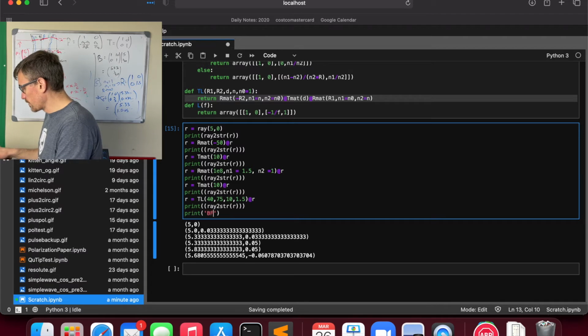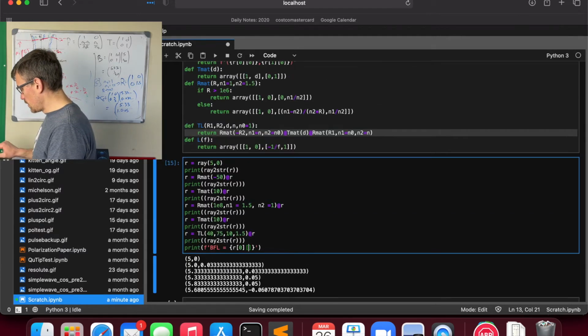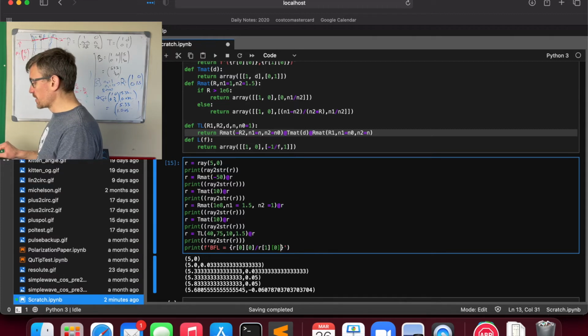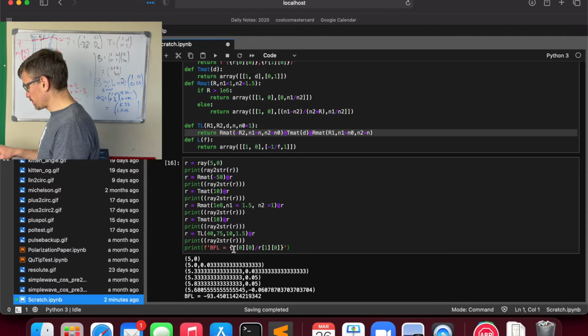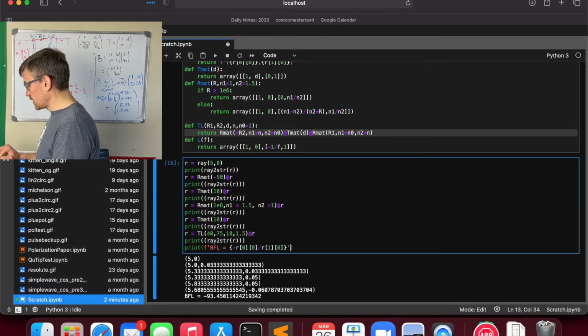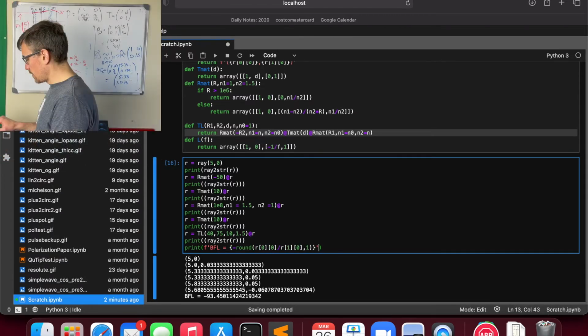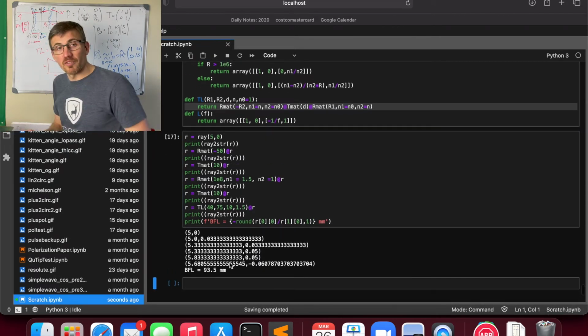Back focal length, we'll call it. R00 plus R1, and annoyingly that returns an array, so this is one way to dereference it. Oh, and it's negative as well. And let's just put some units on this. We'll make it look pretty. So we'll round this to 1 unit. We'll call it millimeters. It is 93.5 millimeters.